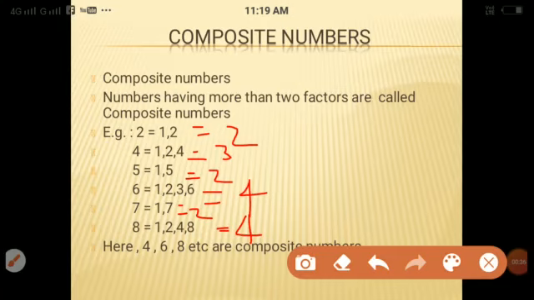Now 4, 6 and 8 have more than 2 factors, so we can say that 4, 6, 8 are the composite numbers.